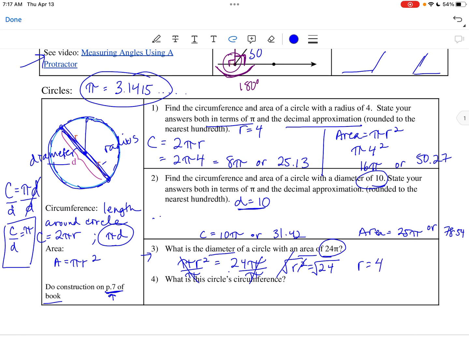So when we see this on our calculators, we won't be surprised that the square root of 24 is approximately 4.9. So then we can use that radius and double it to find the diameter. 4.9 plus 4.9 is 9.8 pi. Now you figure out the circle's circumference, knowing the radius and the diameter.